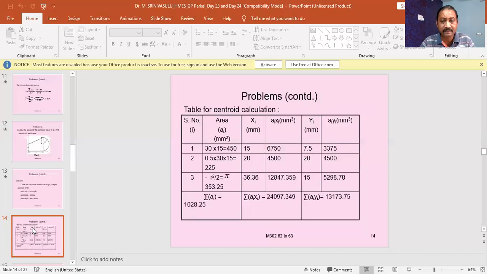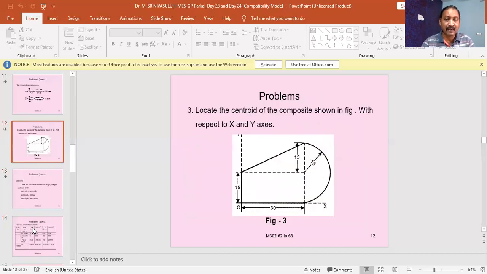Now coming to the x2 for the triangle 2. So x2 means the distance, so we have to take it from the OY axis, from the left edge. Generally for the triangle, it is lying at a distance of b by 3 from this face, or 2b by 3 from this side.